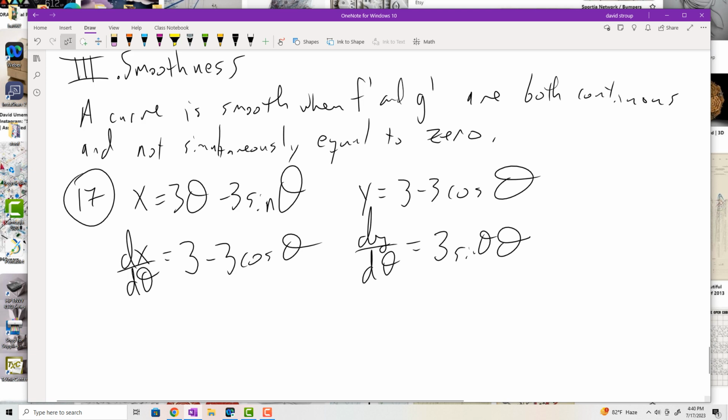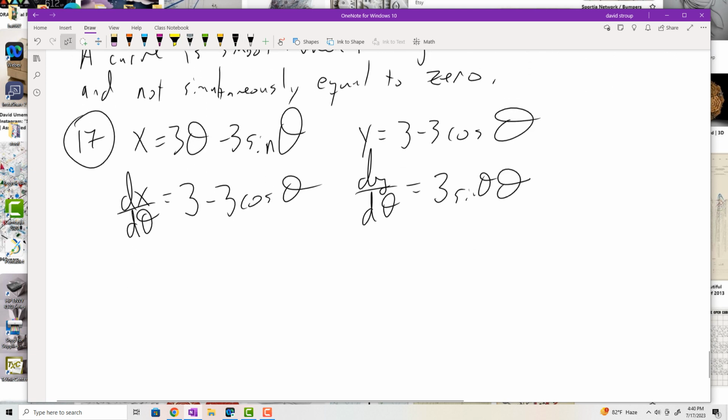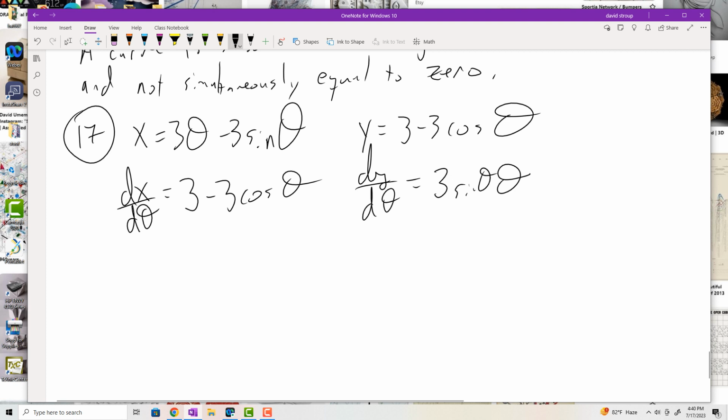These both are continuous everywhere, so I don't have that issue. It's the simultaneously equal to 0 issue I need to watch out for. So what I do is set each one of these equal to 0 and see if I can get a theta value where they're both simultaneously equal to 0. Here I am just finding where one is equal to 0.